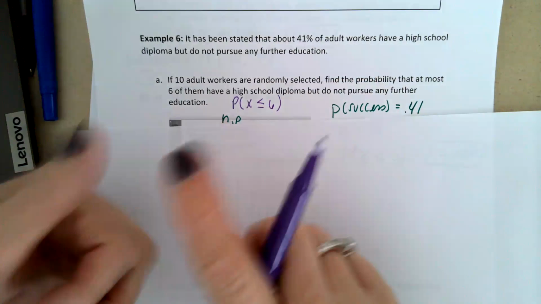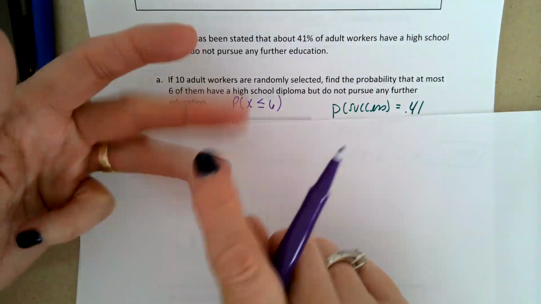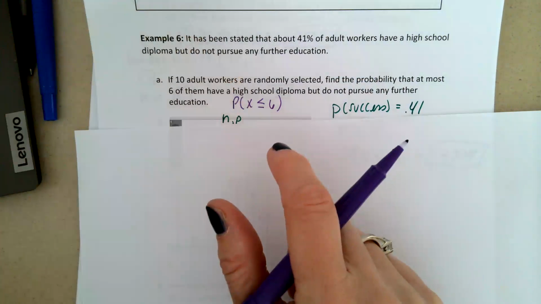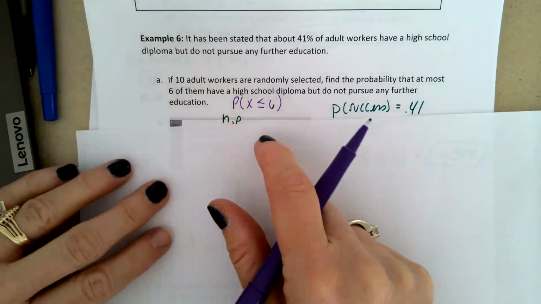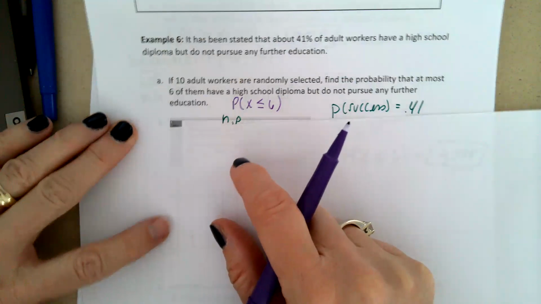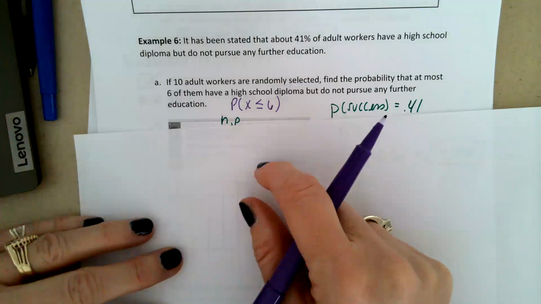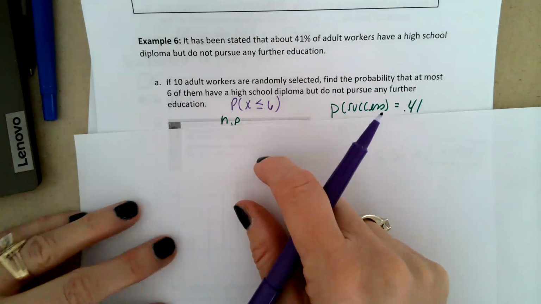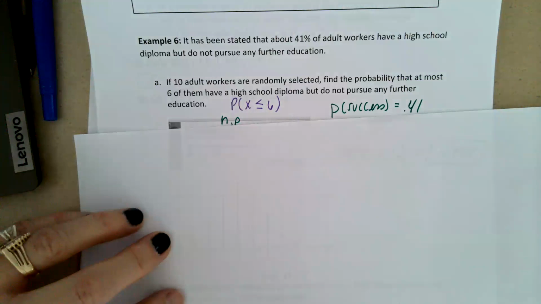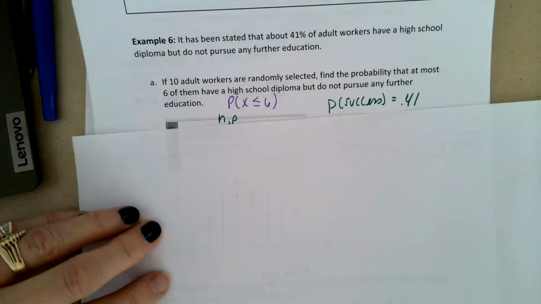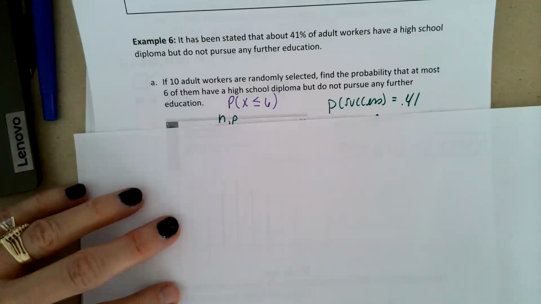So I would include 0, 1, 2, 3, 4, 5, and 6 and add them. And using a complement, I would go 7, 8, 9, and 10 and add them. So using a complement doesn't really help too much. So we're going to use Desmos to shorten what we're doing with these combinations.